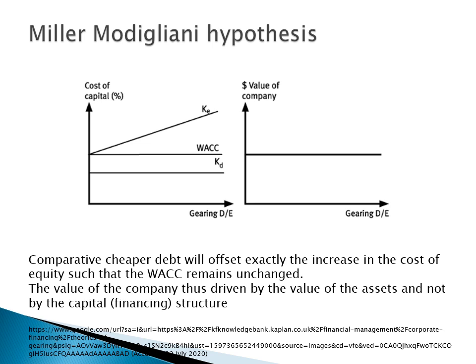It doesn't matter what the combination of debt to equity is, because the debt and equity offset each other in the process. So therefore the value of the company, whatever the level of gearing, stays exactly the same, and it is determined by the level of the assets and not the capital structure.